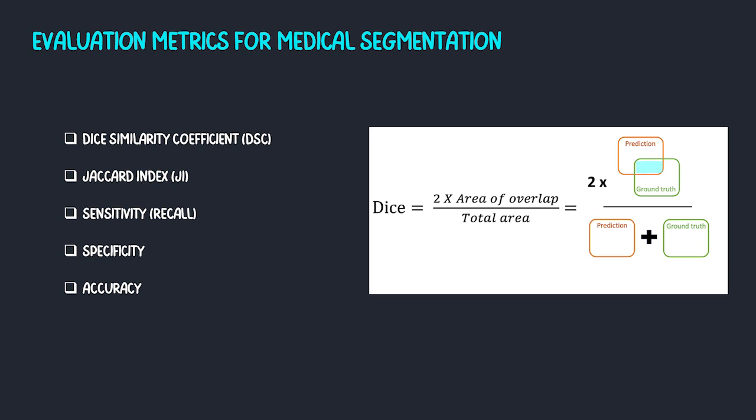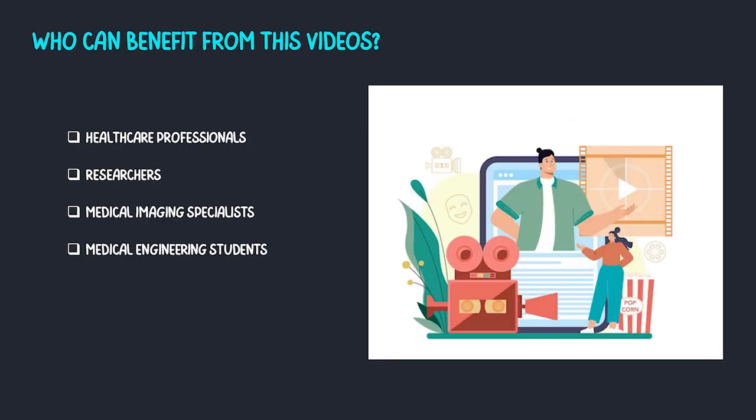If the area of overlap between the predicted and ground truth segmentations is 50 pixels, the total area of the predicted segmentation is 100 pixels, and the total area of the ground truth segmentation is 100 pixels, then the DSC would be 0.5. This means that 50% of the predicted segmentation overlaps with the ground truth, indicating a moderate level of agreement.